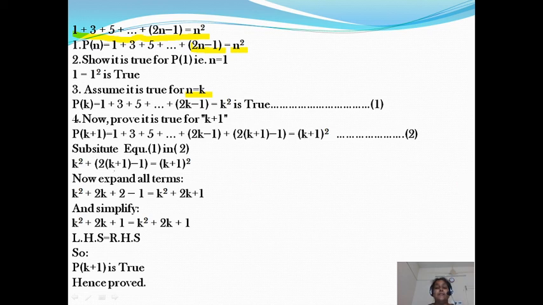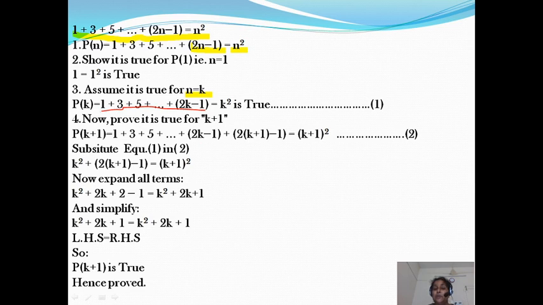Next, we have to prove P of k plus 1 is true. We have a trick that makes your problem much simpler.